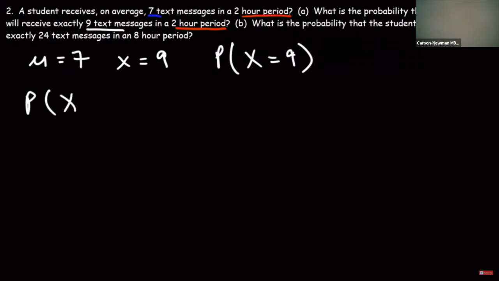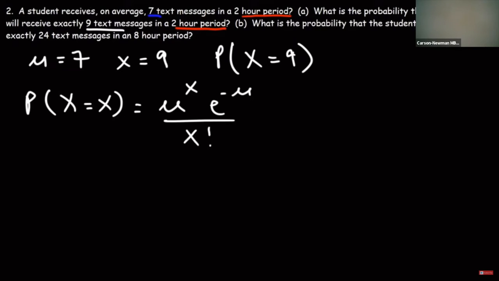First, let's write the formula. So as we said before, it's mu raised to the x, e raised to the negative mu, divided by x factorial. So x is 9, mu is 7.